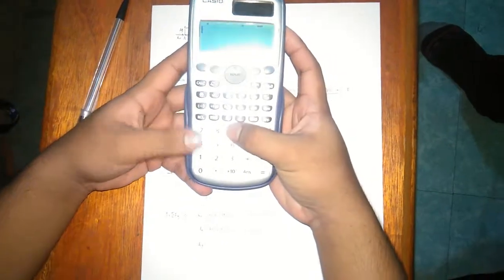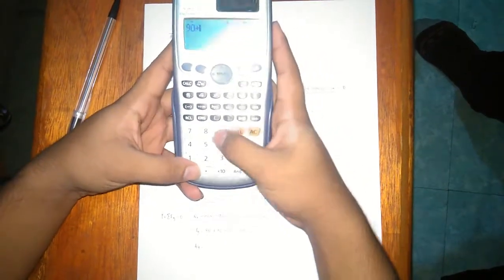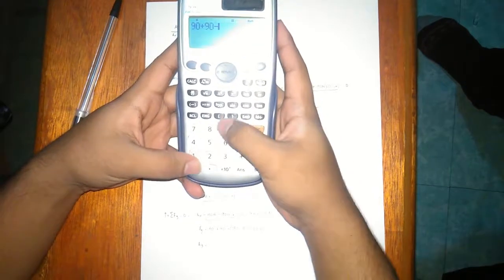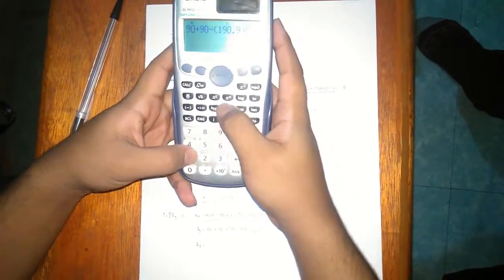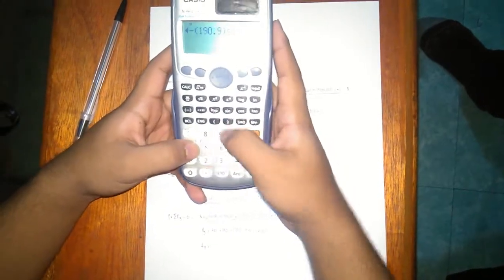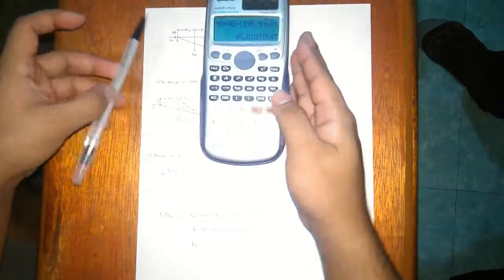So solving for Ay, we have 90 plus 90 minus 190.9 times sine 45 degrees. So we have the answer of 45 Newton.